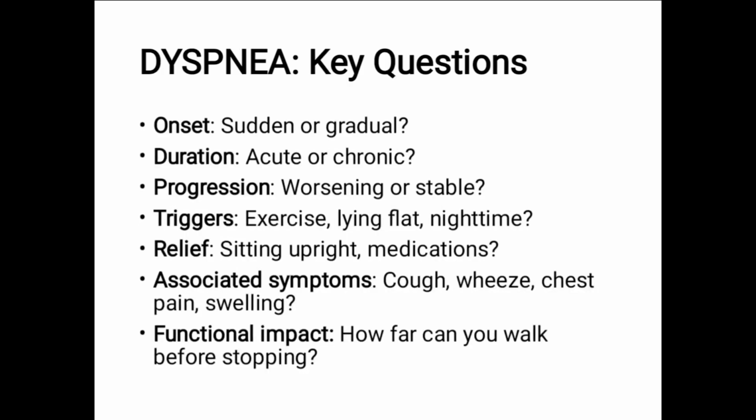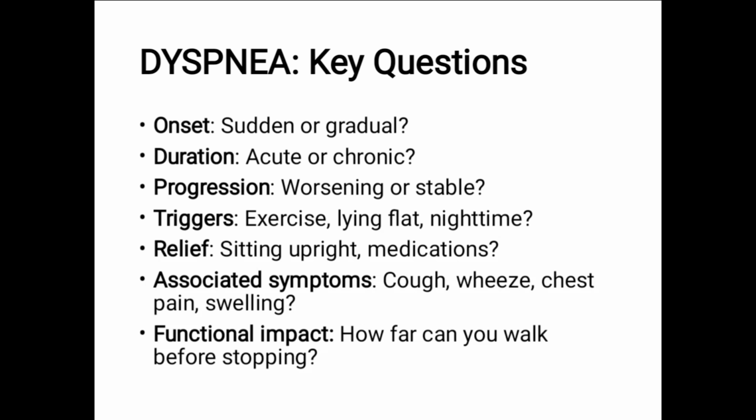When dealing with dyspnea, assessment is key to identifying heart failure, pulmonary disease, or anemia. Ask about orthopnea or paroxysmal nocturnal dyspnea. This points strongly toward heart failure. These are the questions you're supposed to pay attention to when assessing dyspnea. The onset: is it gradual or sudden?